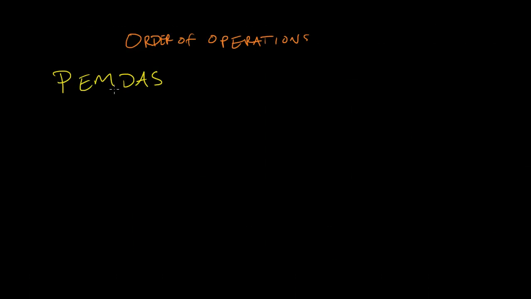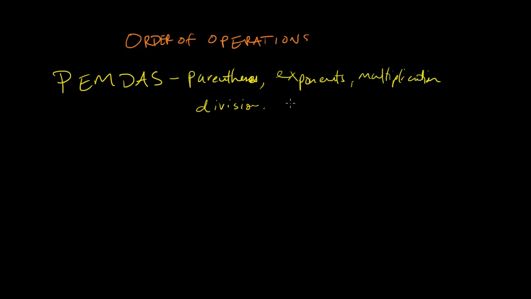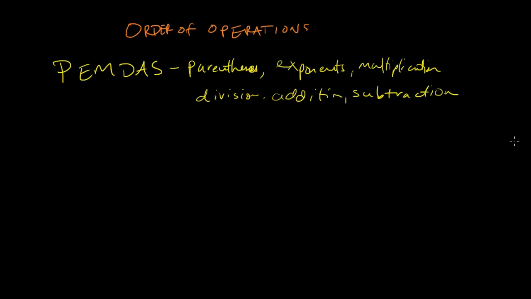And what PEMDAS stands for is we're supposed to do parentheses first, then we do exponents, the last operation we just learned, and then we'll do multiplication and division, and then we'll do addition and subtraction.